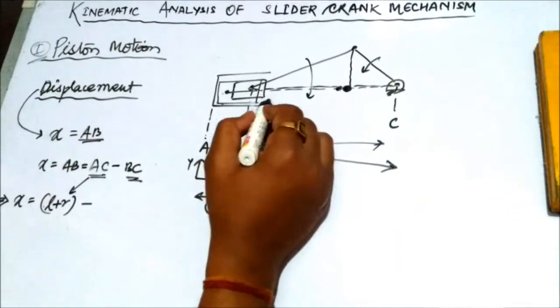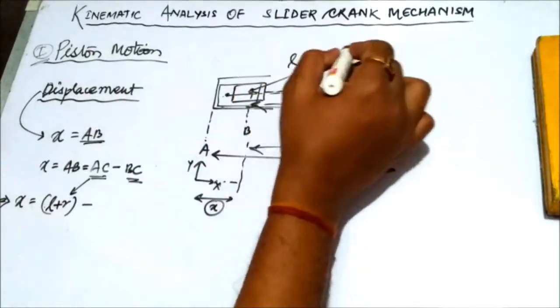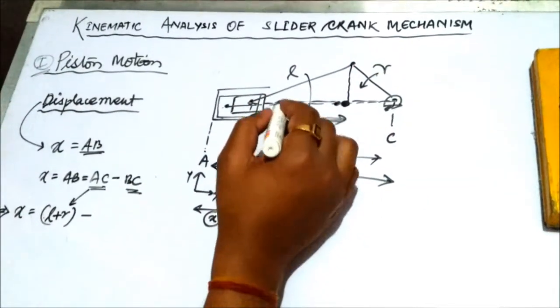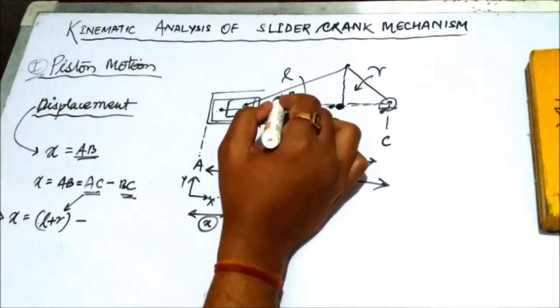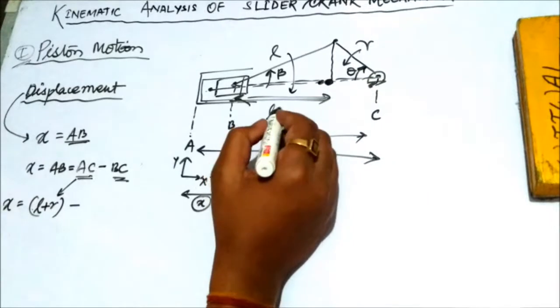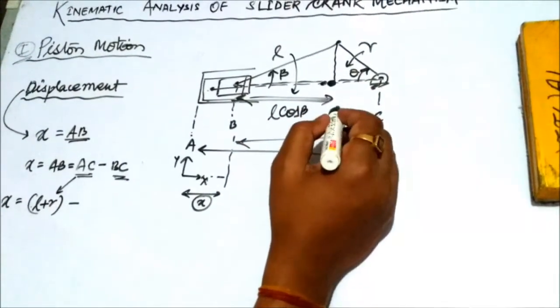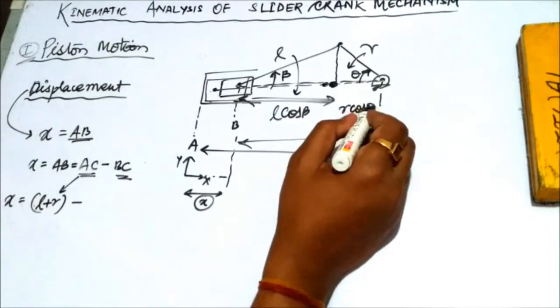In the previous figure we have drawn L cos beta, the x-axis component of the connecting rod, and R cos theta, that is the x component of the crank. So BC will be L cos beta plus R cos theta.